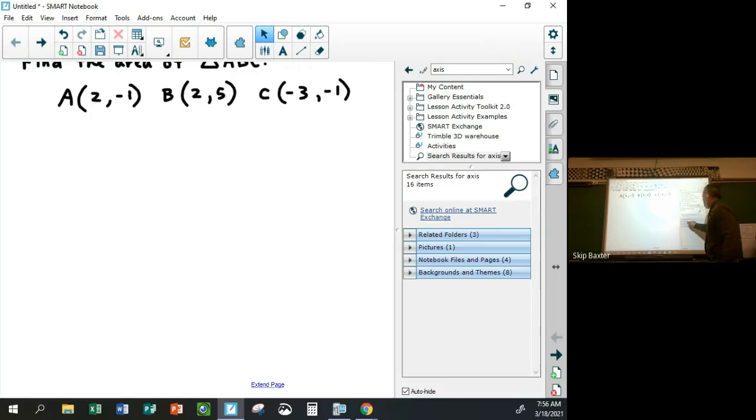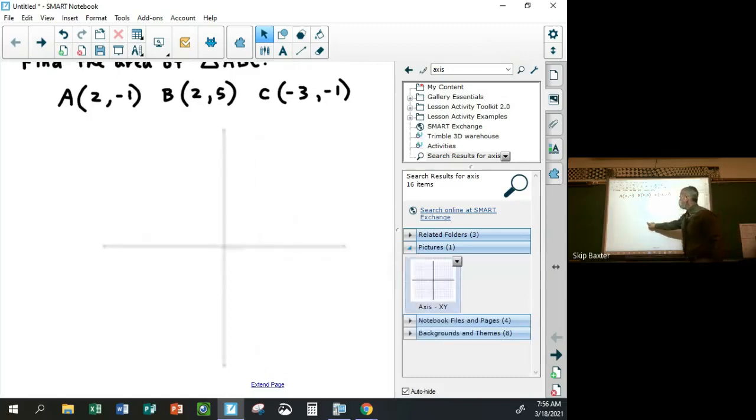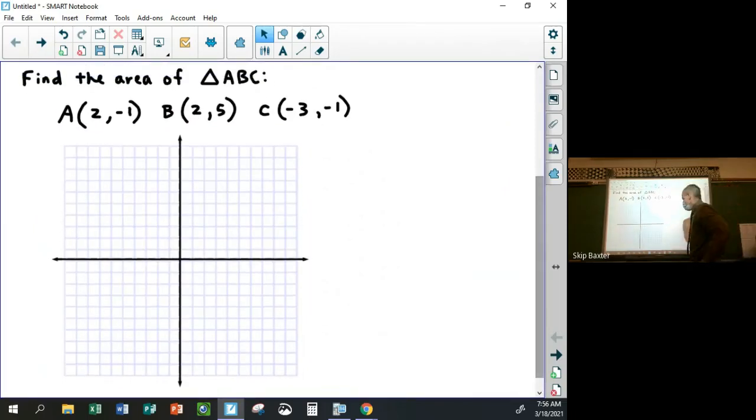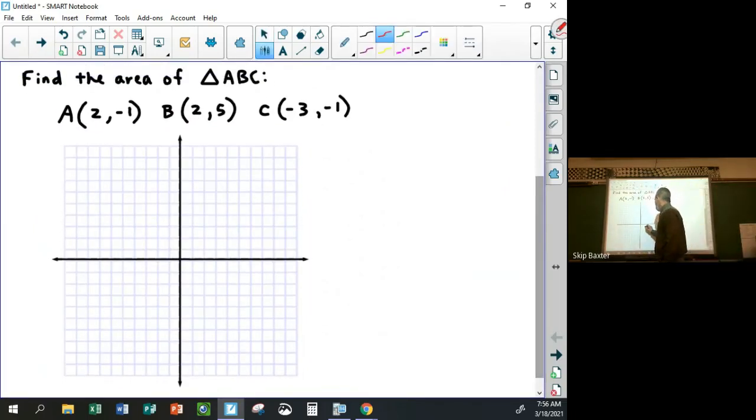So if we graph this on graph paper, this is a pretty easy problem. A is 2, -1, that's here. B is 2, 5, right there. And C is -3, -1, that's here. So if you draw this triangle on graph paper, you could literally just count squares. This is a right triangle.